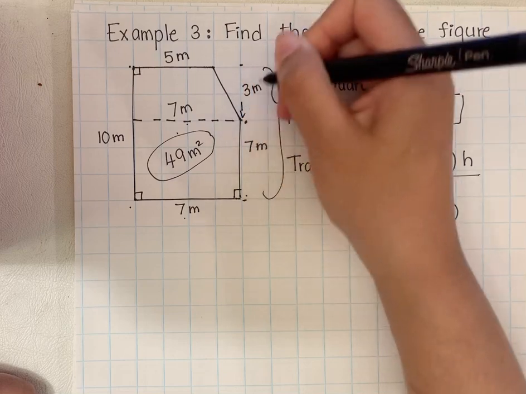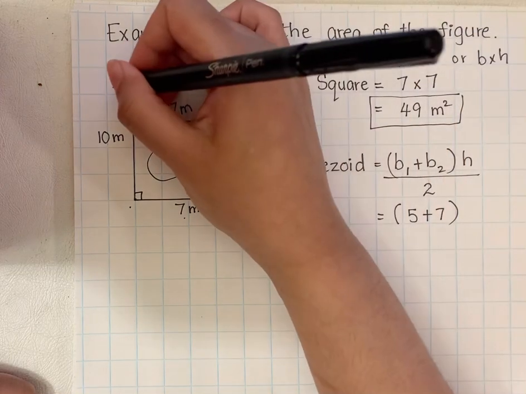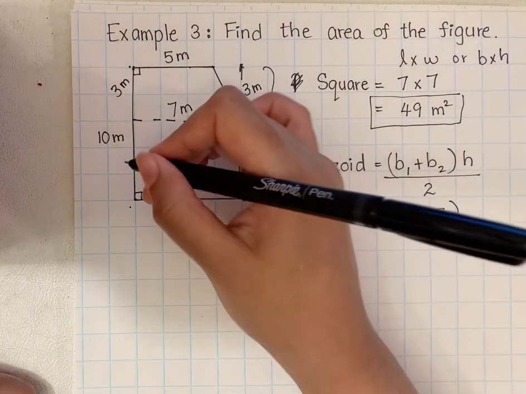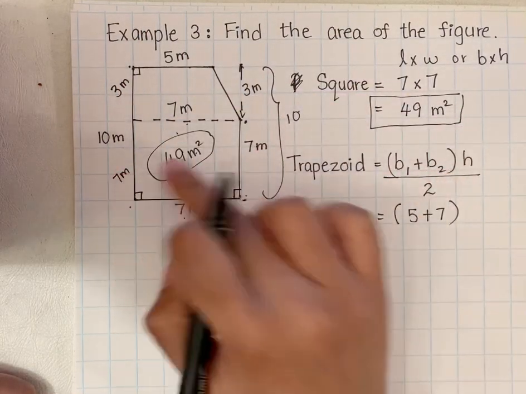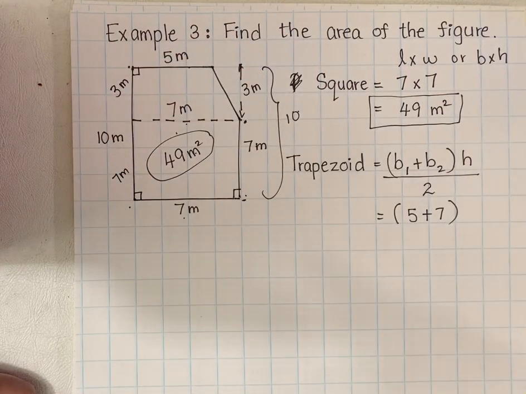So from here to here, my height is 3. That's the height of your trapezoid, right? This side is 7 meters, this is 3 meters. 7 plus 3 gives you 10.